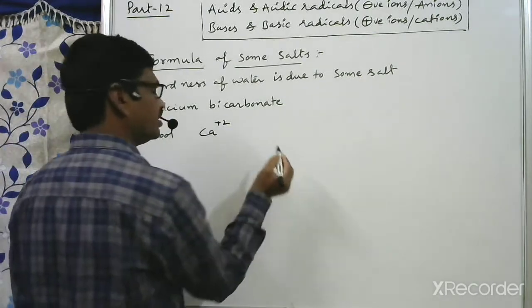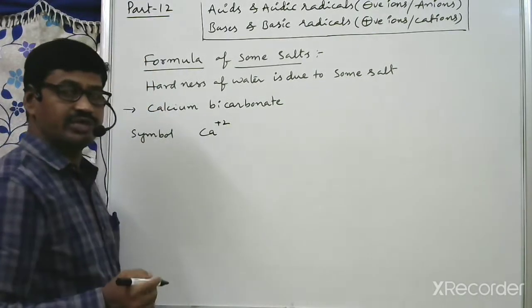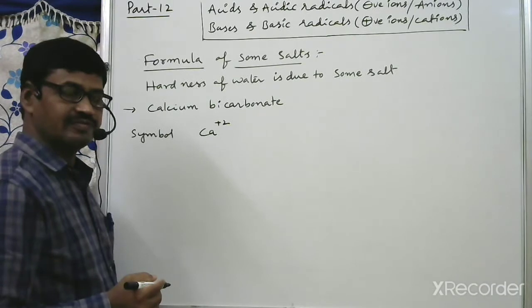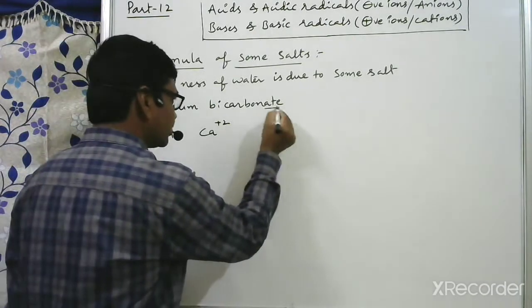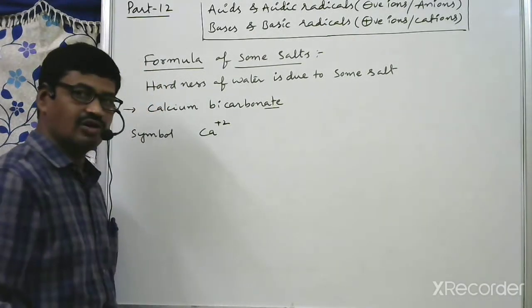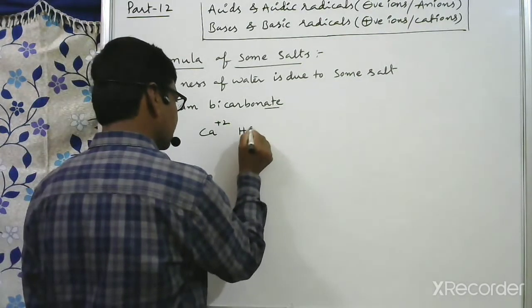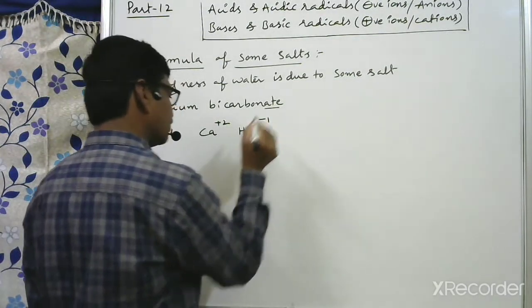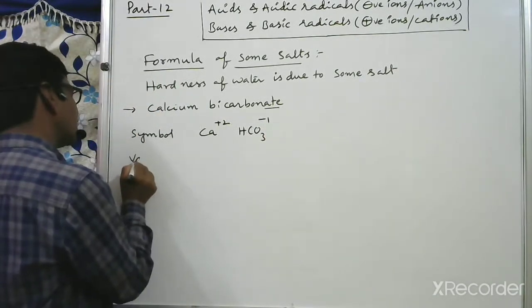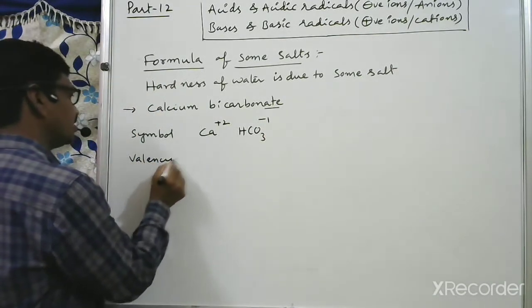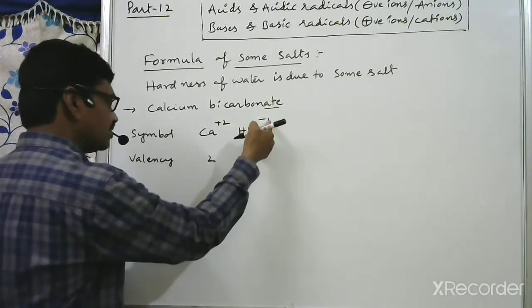Then bicarbonate: we have decided it is from carbonic acid, H2CO3, because the A term is there. If you remove one hydrogen from carbonic acid, we get HCO3, which carries minus 1. So what is the valency, the combining capacity? Valency is 2 and 1.